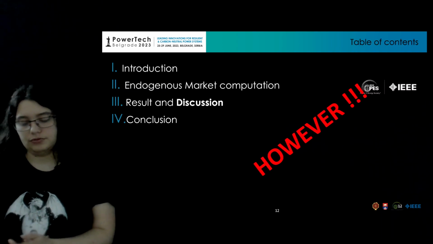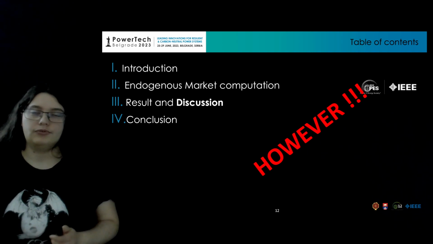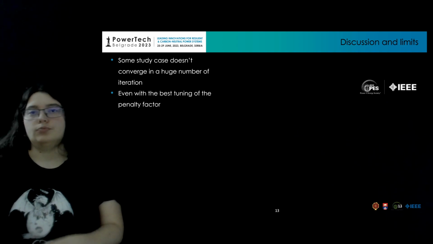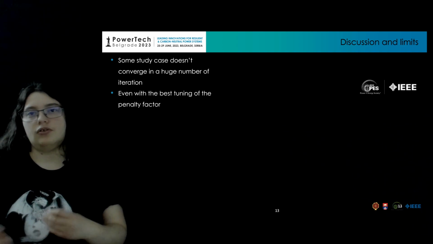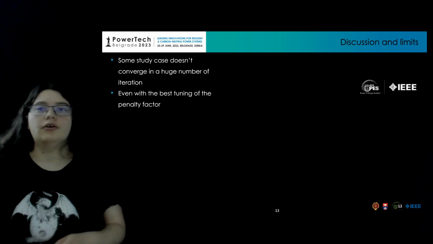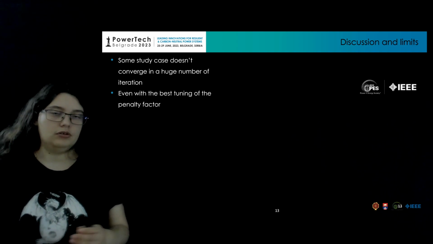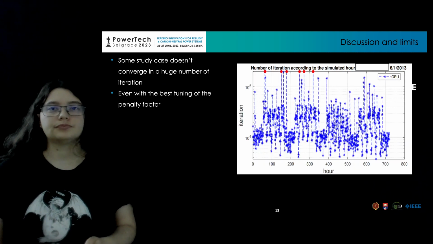However, I need to discuss a really important point, which is that some cases, for example the European case, don't converge even with a huge number of iterations, even with the best tuning of penalty factor or algorithm parameters.